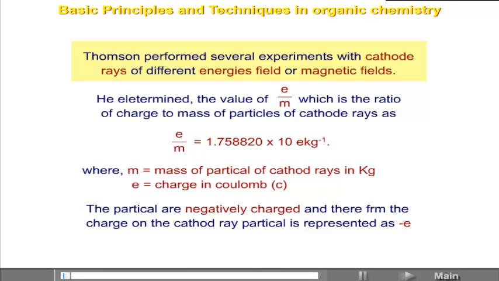Thomson performed several experiments with cathode rays of different energies and strengths of electric field or magnetic fields.